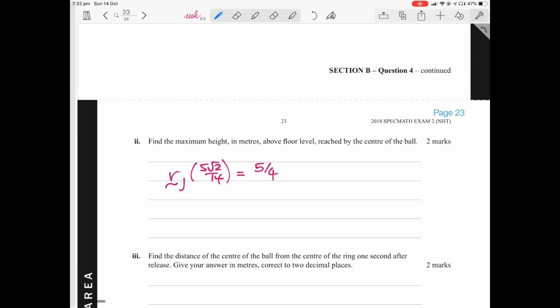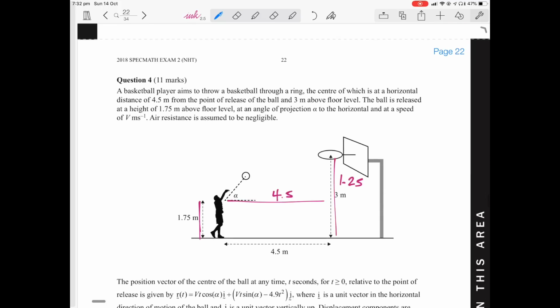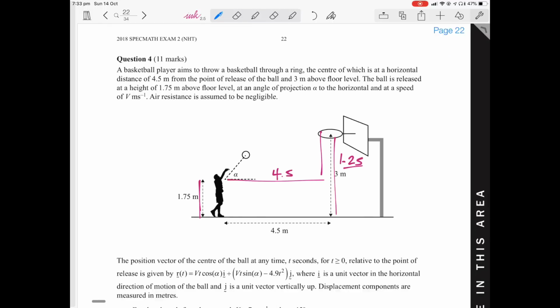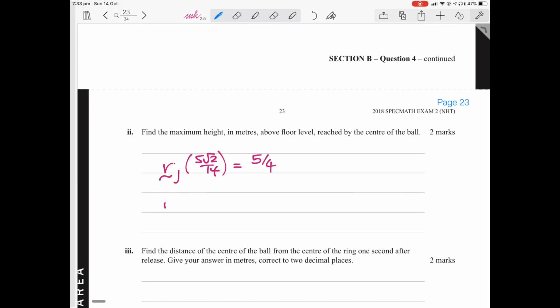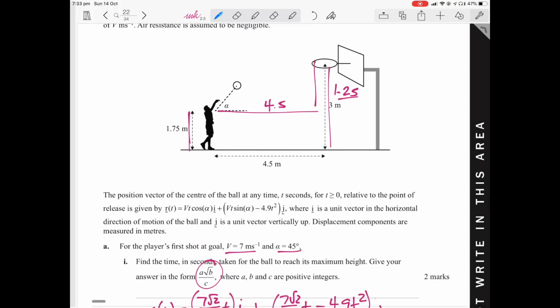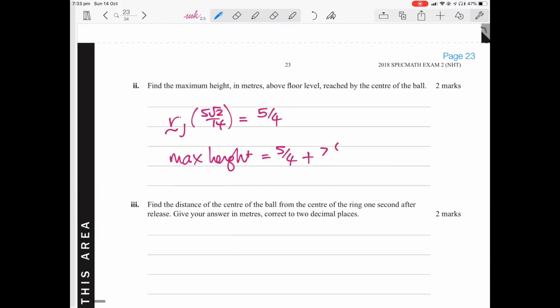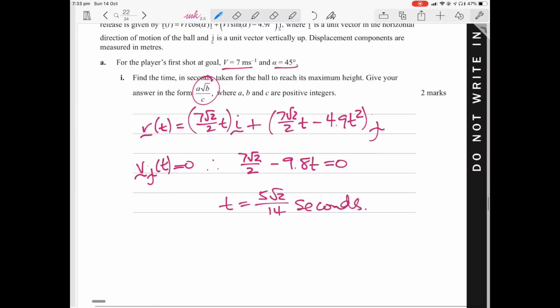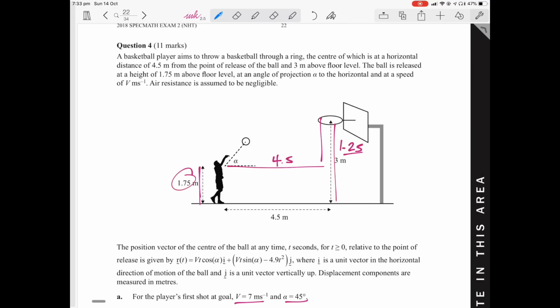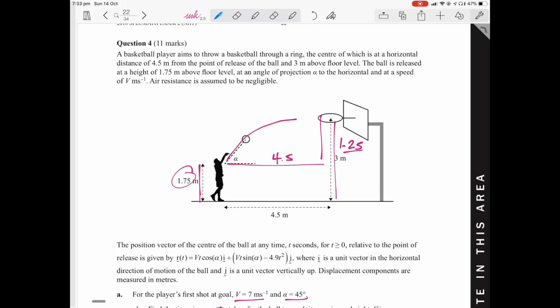So that's that component. That's the same as that. So max height is equal to 5 on 4 plus 7 on 4, which is 3 meters. So this first throw only goes to the same height as the basketball ring, which is a bit stupid.